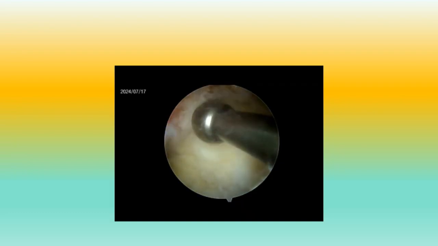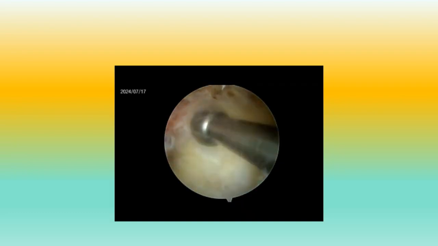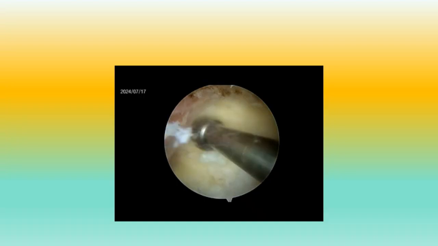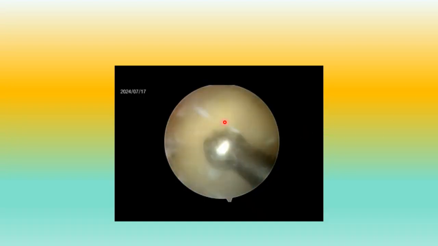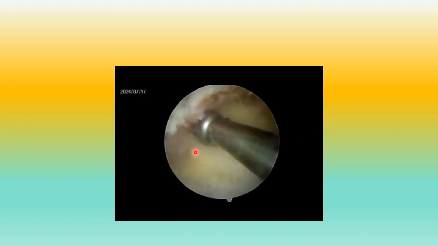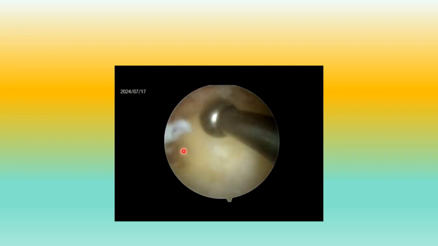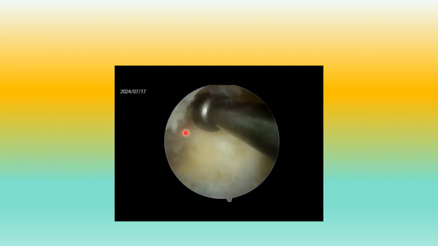This is how we do it. In another case, dealing with the spinous process, you see the ligamentum flavum here, and this is the midline cleft. We reach up to the upper attachment of the ligamentum flavum under the upper lamina.